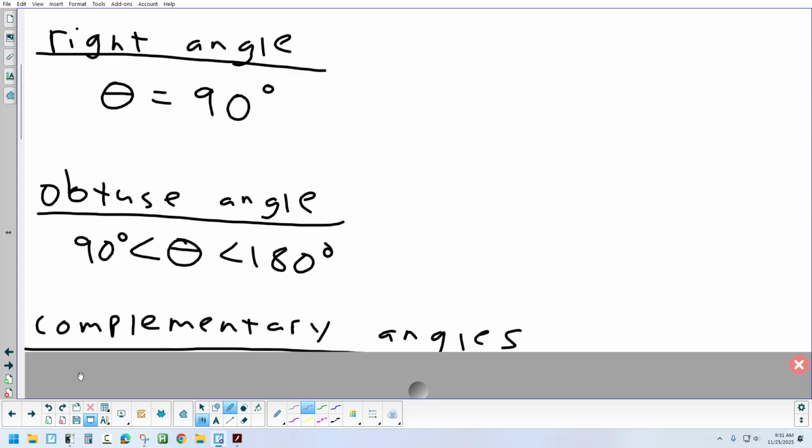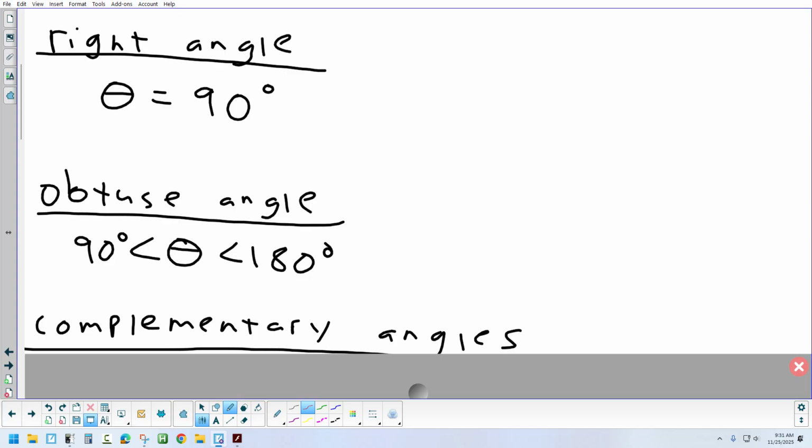Okay, so that's how you can classify a single angle. Now, I want to talk about a pair of angles. So complementary applies to two angles, and there's a relationship between them. What does it mean if two angles are complementary? They add up to 90.